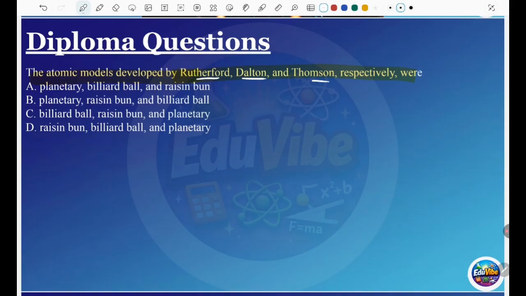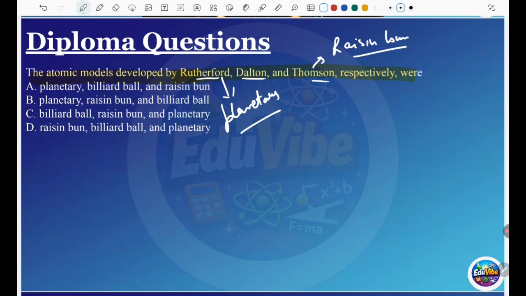So this is an MCQ question, and we know that Thomson made the model called the plum pudding model, which has positive charges and negative charges in the atom structure. That was the experiment by Thomson. Rutherford did the planetary experiment, where electrons orbit, and the nucleus was discovered by him.